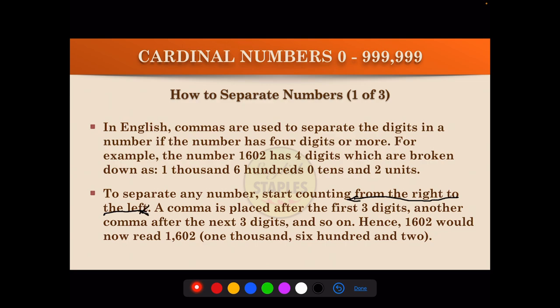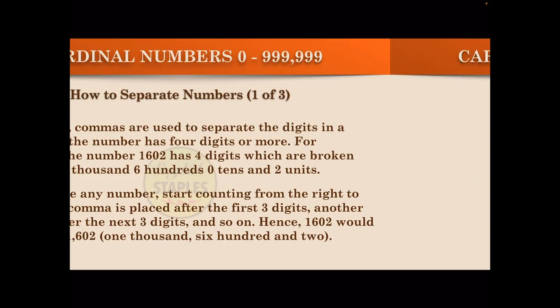A comma is placed after the first 3 digits, another comma after the next 3 digits, and so on. Hence, 1602 would now read like this. From here to here to here, that's 3. Then you put a comma and then the 1000. 1,602.